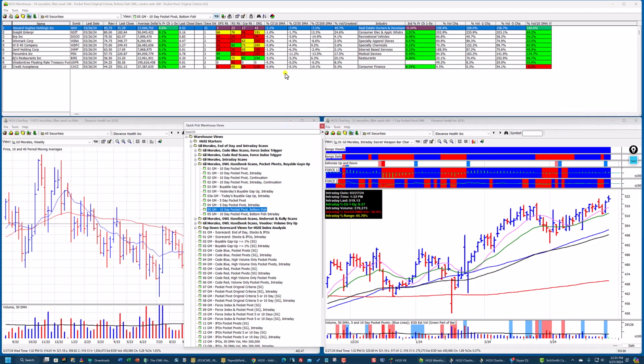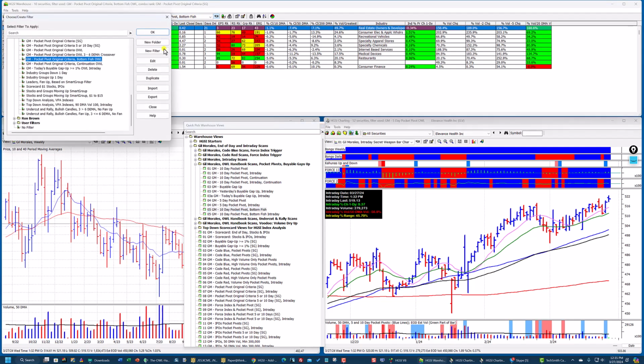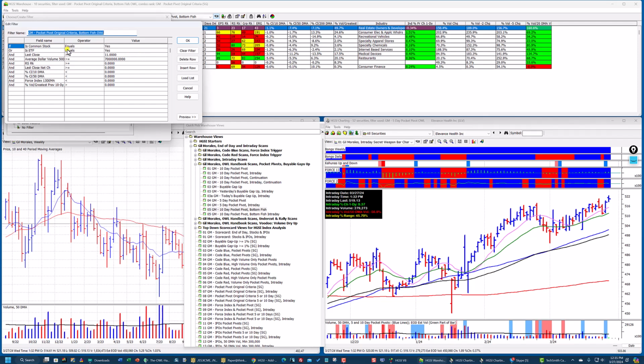Now here's a 10-day pocket pivot bottom fish. And let's take a quick look at that filter. I've got both of these in here again. You're going to have to turn these off because I left them on most of them.